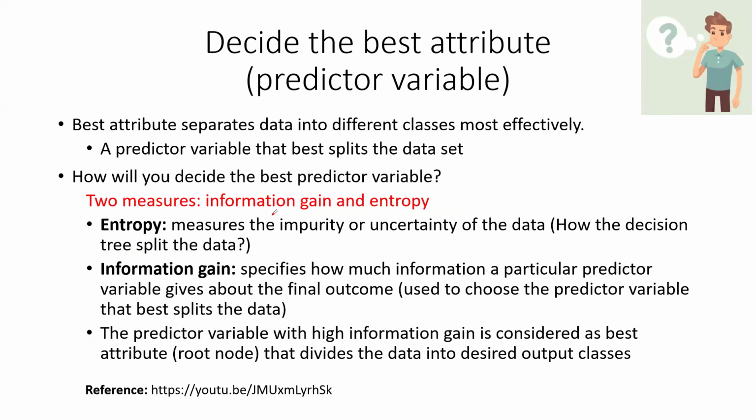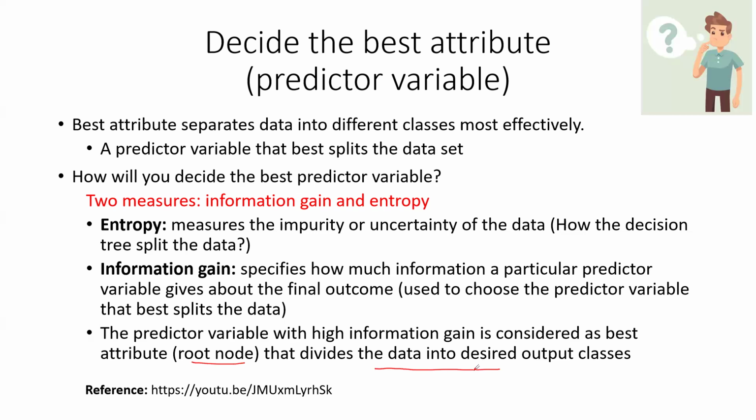When the information gain is high for a feature, that feature can be accepted as the root node, because the predictor variable with the high information gain will divide the data into the proper desired output classes. That means that particular predictor variable has as much information as possible that will reflect in the final outcome.